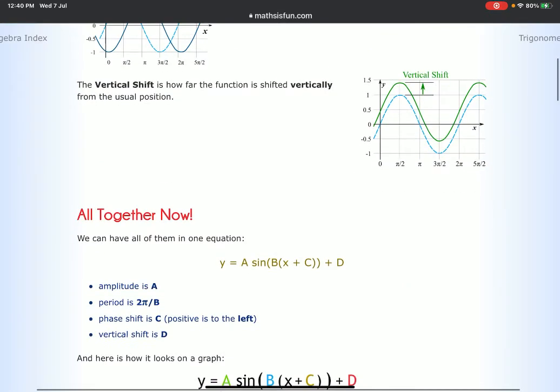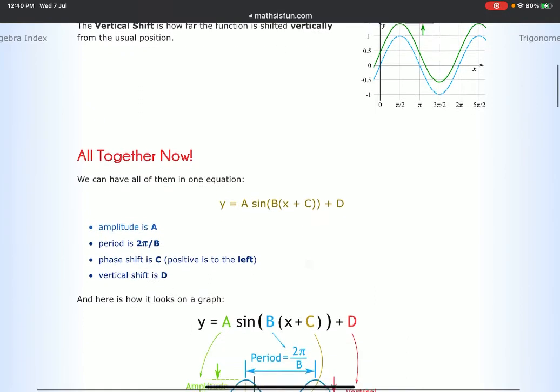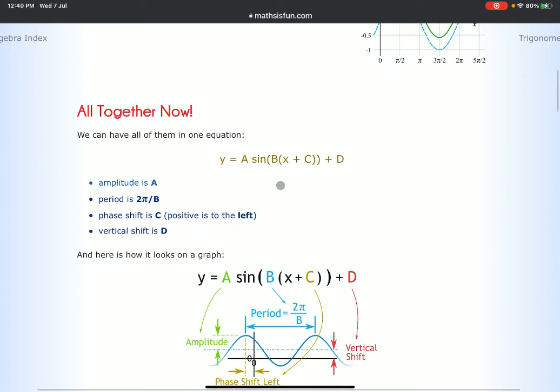Para ma-determine natin yung mga yan, sa loob ng equation or function, kailangan nating alamin itong formula na to. So, we have y or the function of x. Si y kasi is equivalent kay function of x.